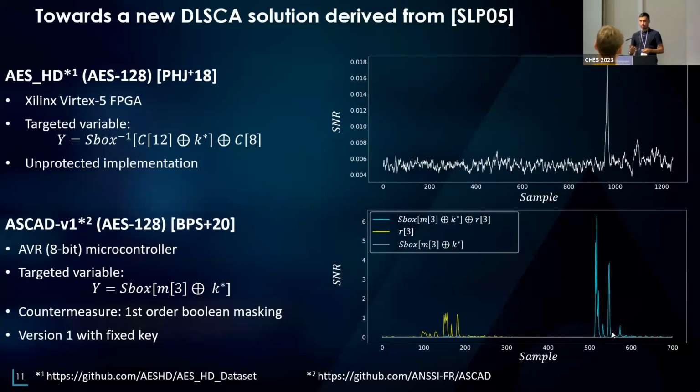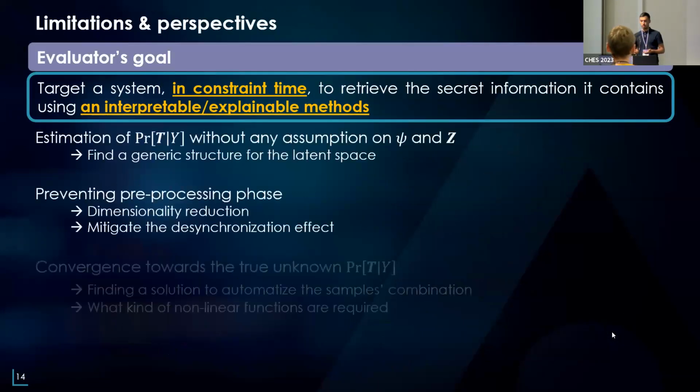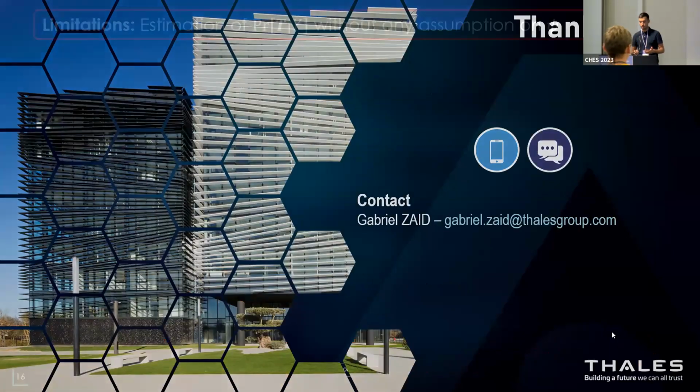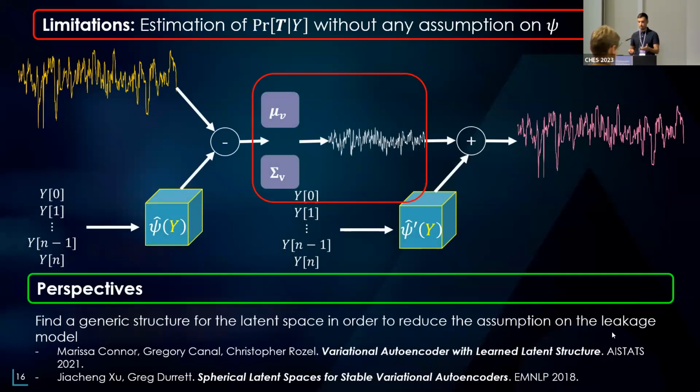For our contribution, because we base our work on the stochastic attack, we take exactly the same assumption, so the Gaussian assumption for the physical noise. But if we look at the work provided by the machine learning community, we know that there are some works, for example here at ISTAT 2021, showing that some tools can be used to automatically find a suitable latent space distribution.